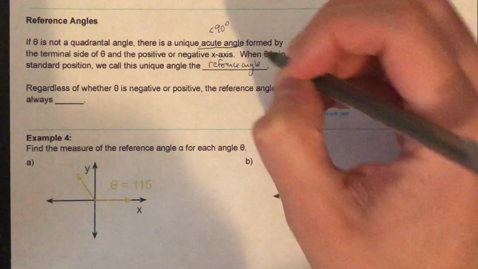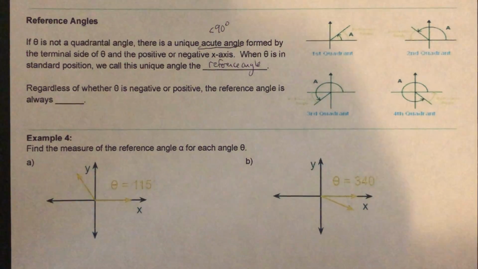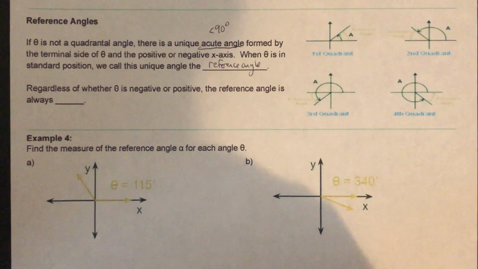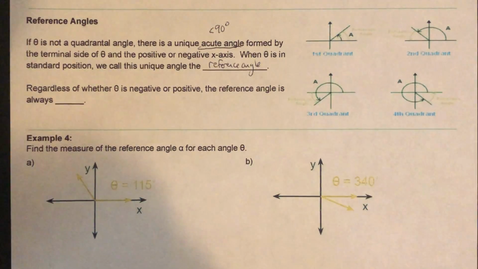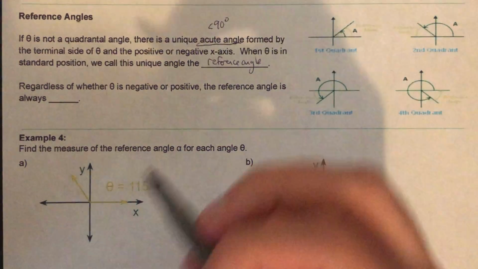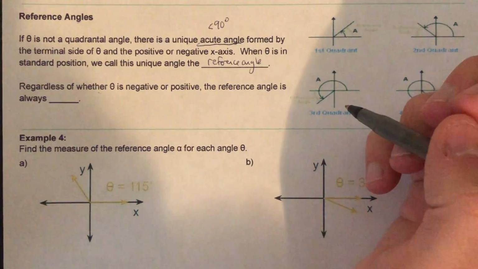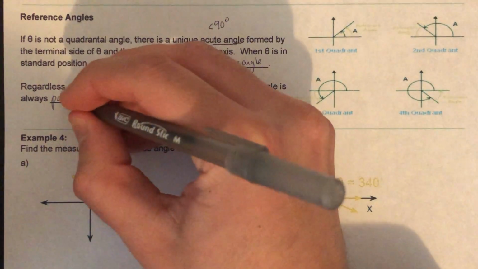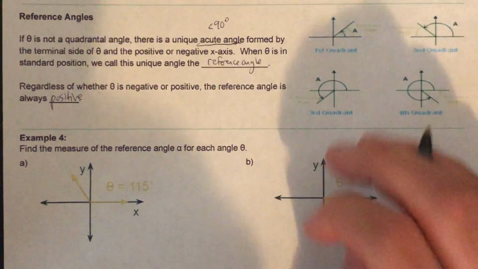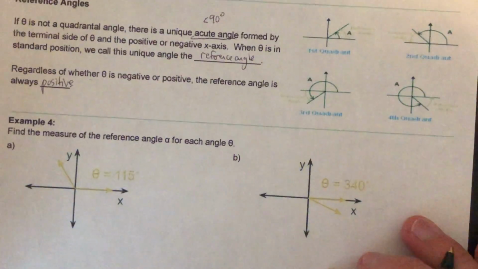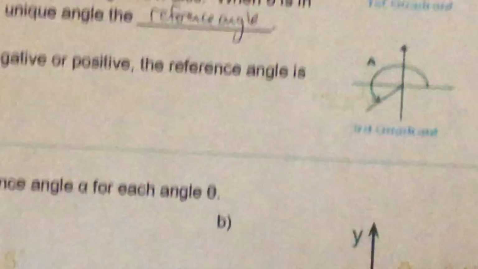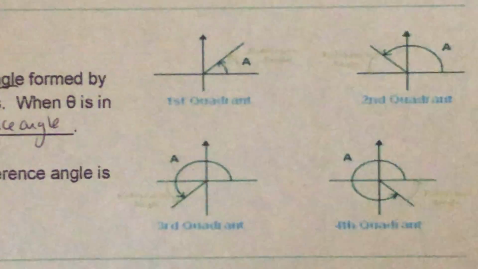I think it'll make a little bit more sense as we consider this visually. Before we do that, it's important to note your reference angle, whether theta is negative or positive, is always going to be positive. So we have some images here showing those reference angles.